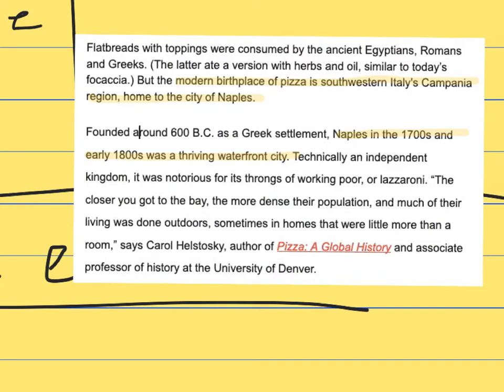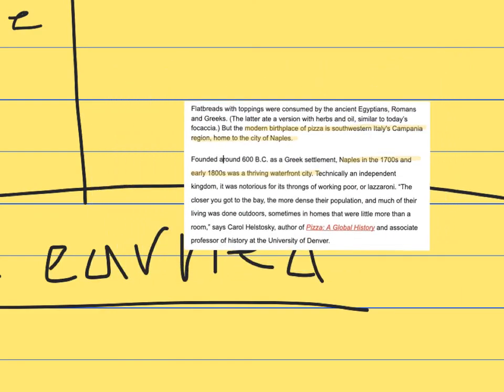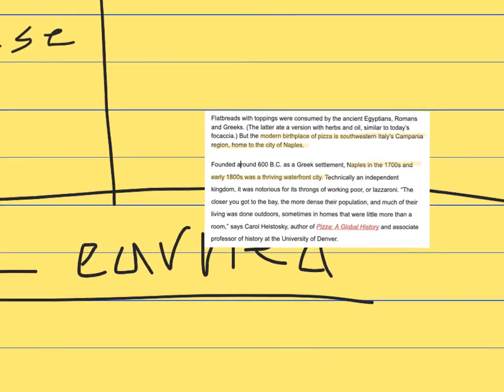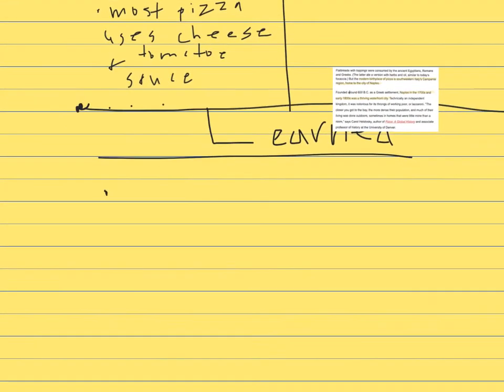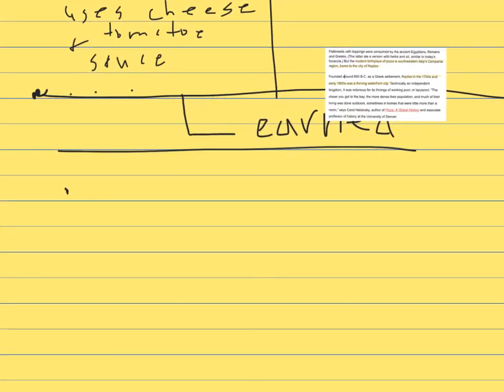Okay, so these two little items right here are definitely something that we learned from reading this article. Now, this article is super short. This is used as an example on how to finish a KWL chart. This is in no means all the information that's going to be available to you when you're doing your assignment. This is just a quick example.